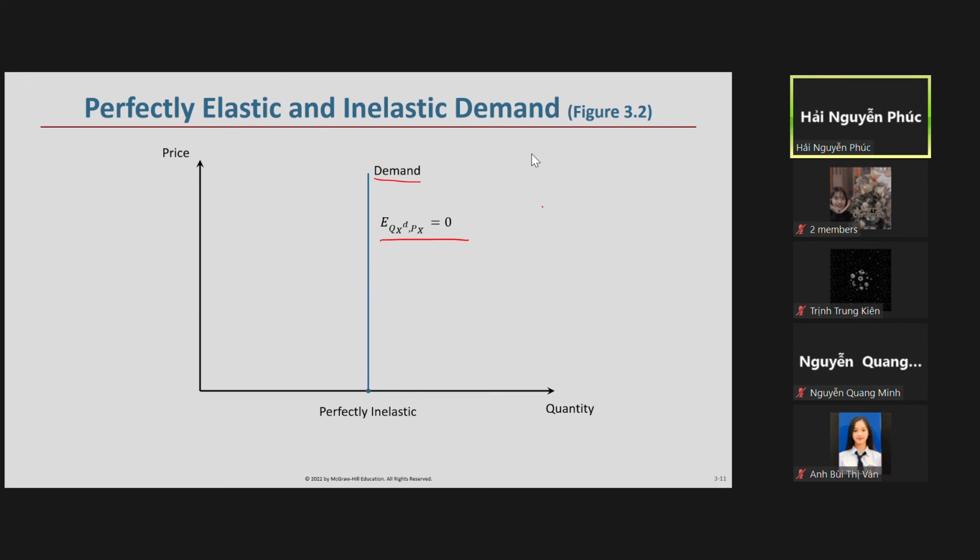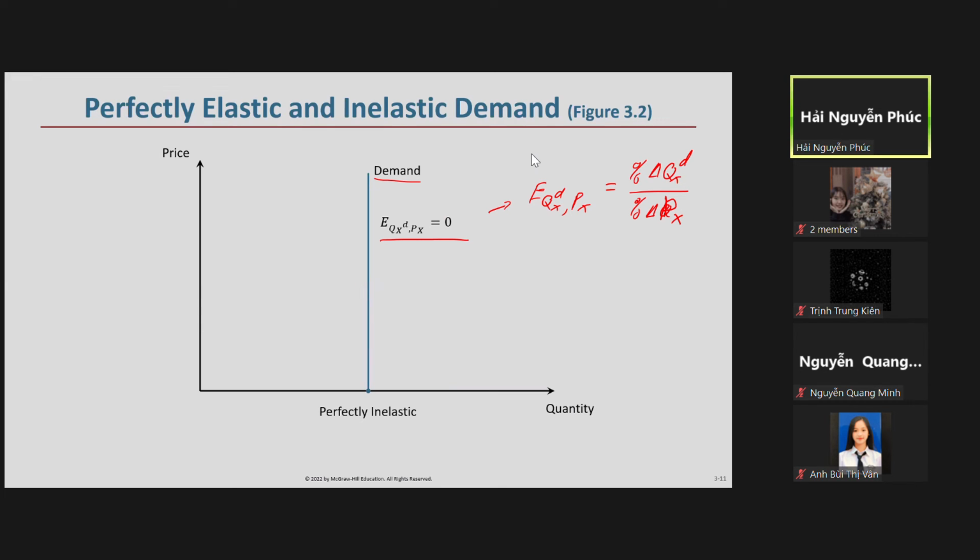Recall the formula E_QXD,PX: it is equal to the percentage change in QXD divided by the percentage change in the price of good X, right?